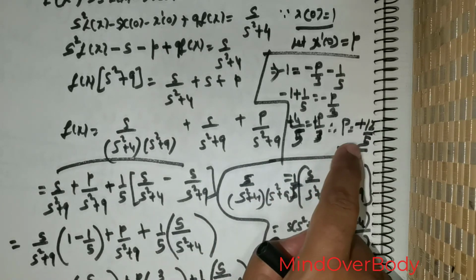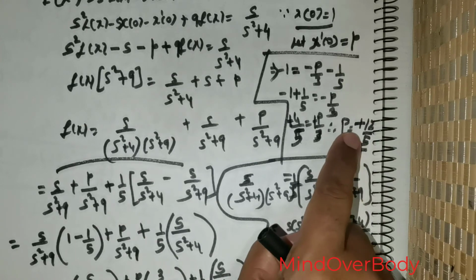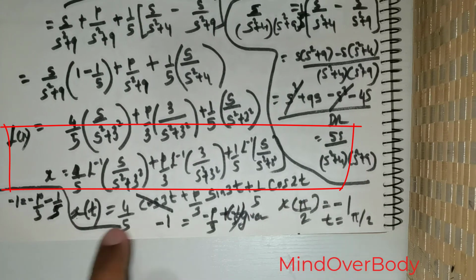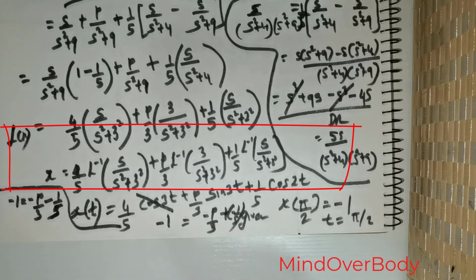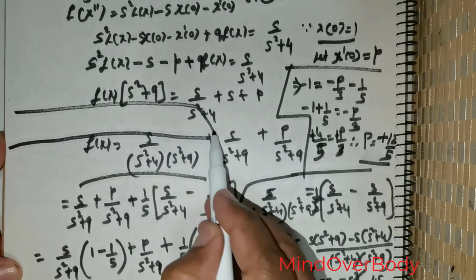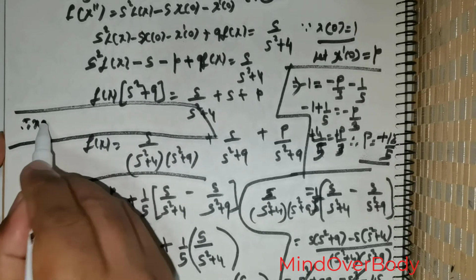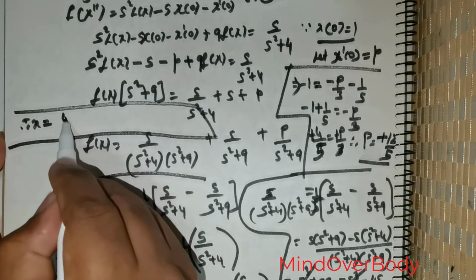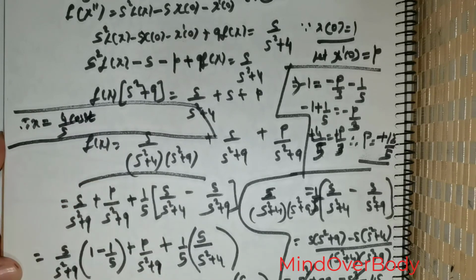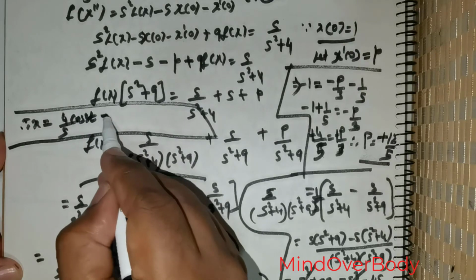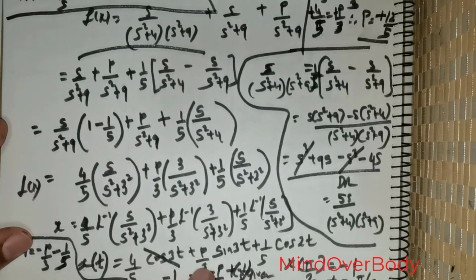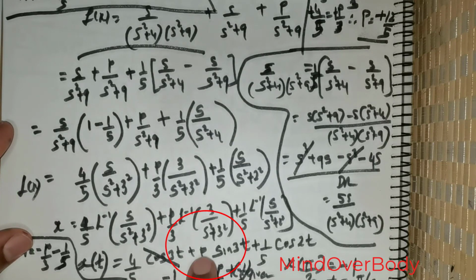Now the solution is complete only when you take this p is equal to 12 over 5 and then substitute it in the original system. So I'm going to use this space here. So this means, okay, therefore x is equal to 4 over 5 times cos 3t plus p is 12 over 5, but there is p over 3 here.